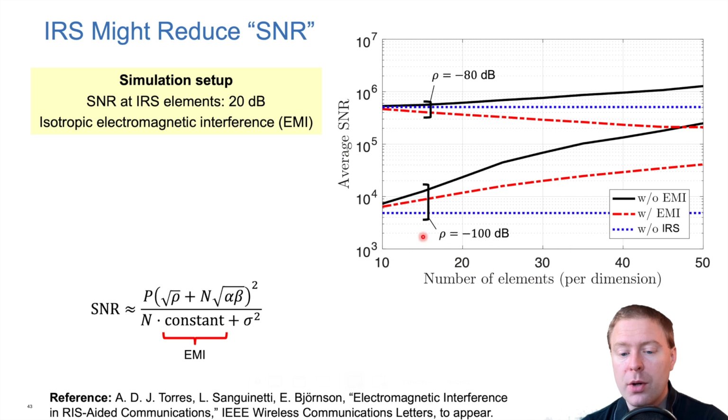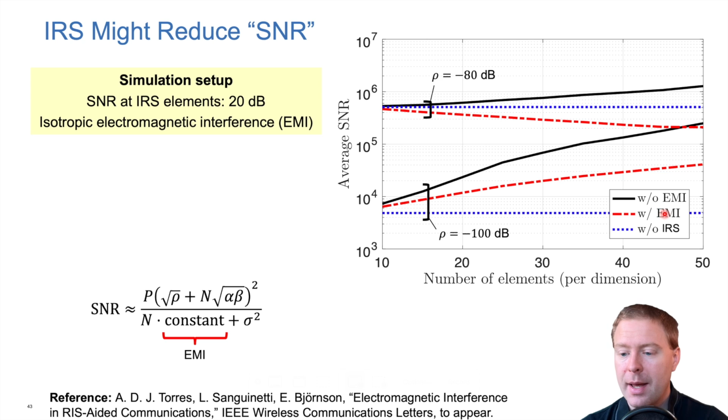If I have a rather weak direct path, so we can essentially neglect that one, then what happens when n is increasing, the number of elements? Well, then this path is increasing, the EMI part is increasing, and we will see that we get n square here and n here. So yes, we are benefiting from having an IRS. The black curve here is without EMI, and then the SNR is growing quickly.